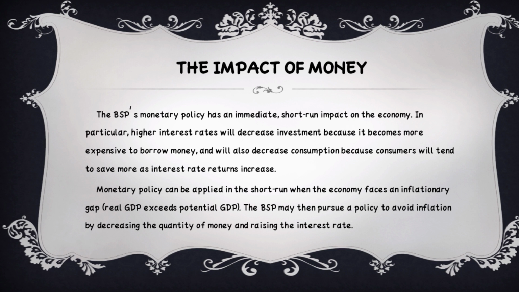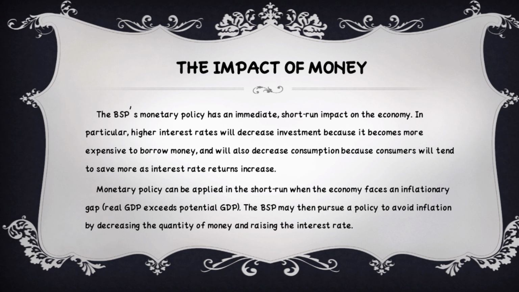The BSP may then pursue a policy to avoid inflation by decreasing the quantity of money and raising the interest rate. The higher interest rate decreases investment, consumption, and net exports.